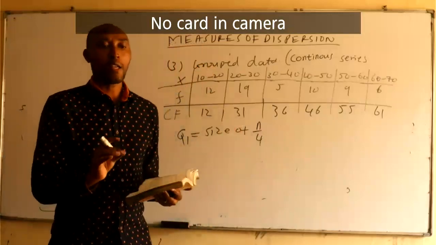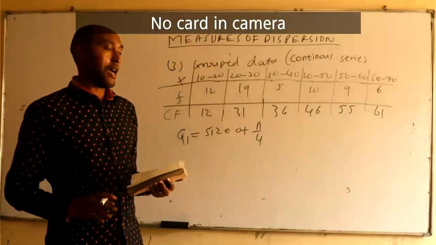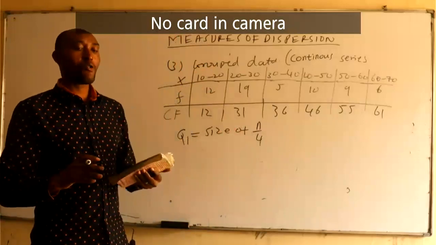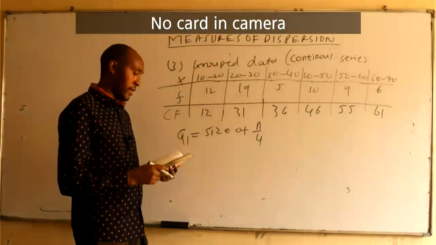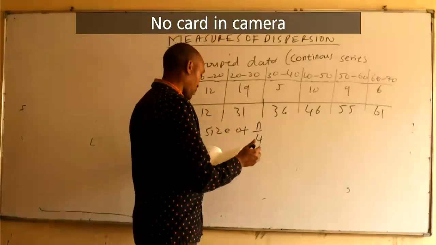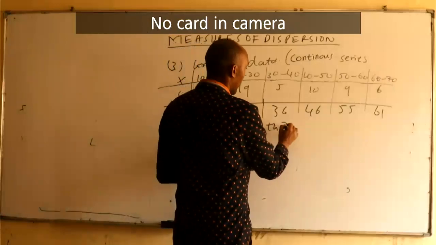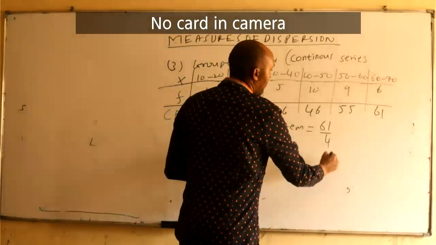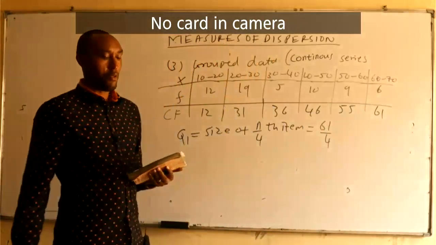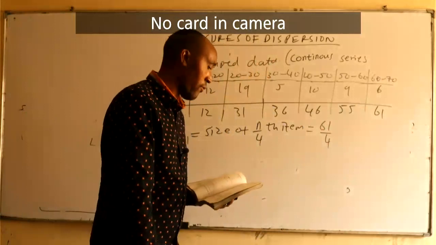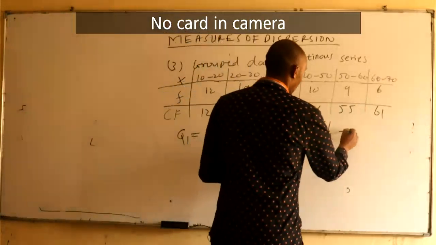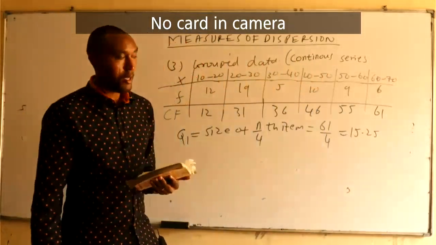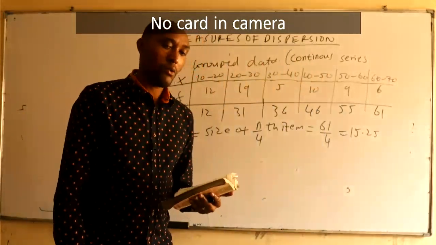We only add 1 if we want to remove the decimal to get a whole number, but it is not a must. We pick the last cumulative number, 61, so 61 over 4 gives me 15.25.